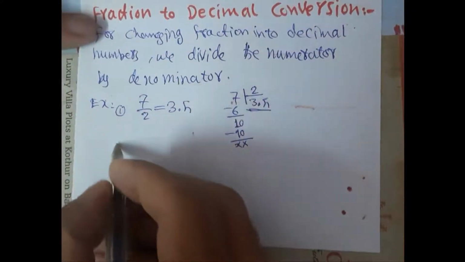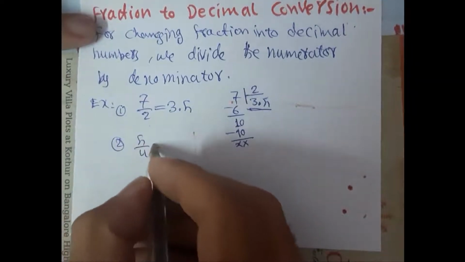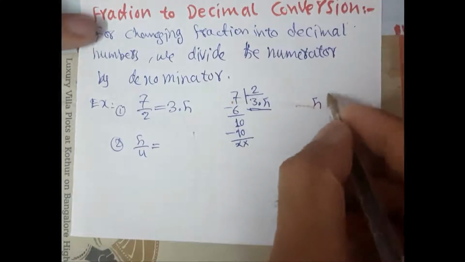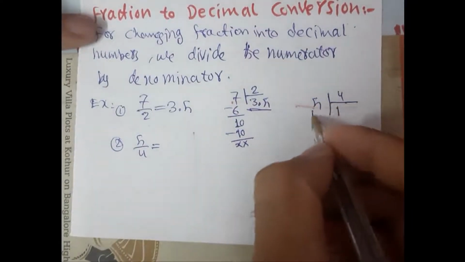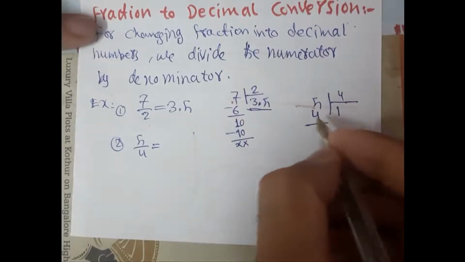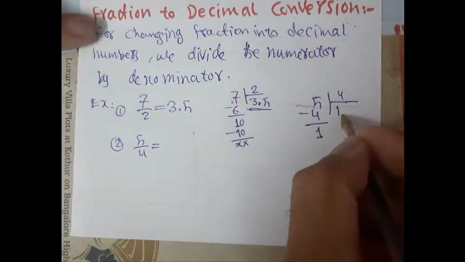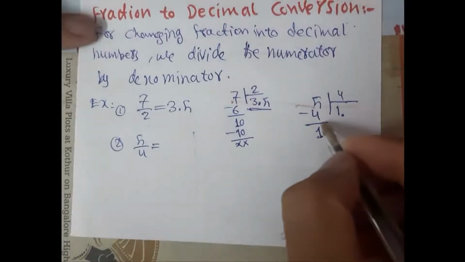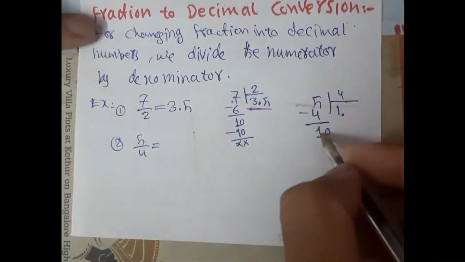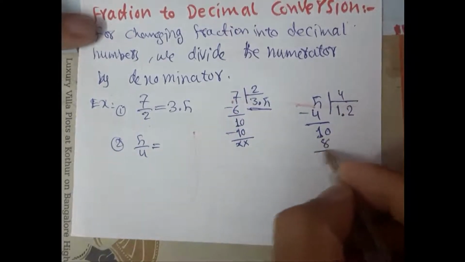Example 2. If we have 5 by 4, that is 5 divided by 4. 5 divided by 4, 1. 1 multiplied by 4, 4. 5 minus 4, 1. We put here a decimal point and put here 0. 10 divided by 4, 2 times. 2 multiplied by 4, 8.